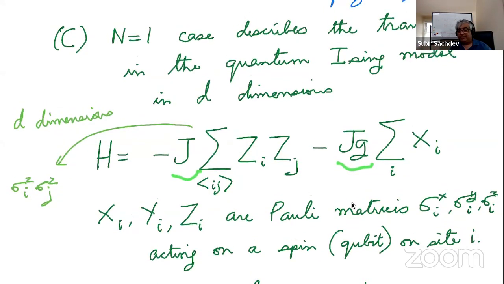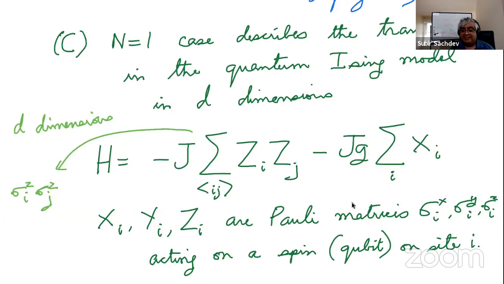You can realize this model also in the laboratory. You can realize it with cobalt spins in some compounds, where this is literally a magnetic field that you apply in a certain direction along the crystalline axis. There are other realizations, including in Michel Lukin's lab, but that's not literally quantum spins.